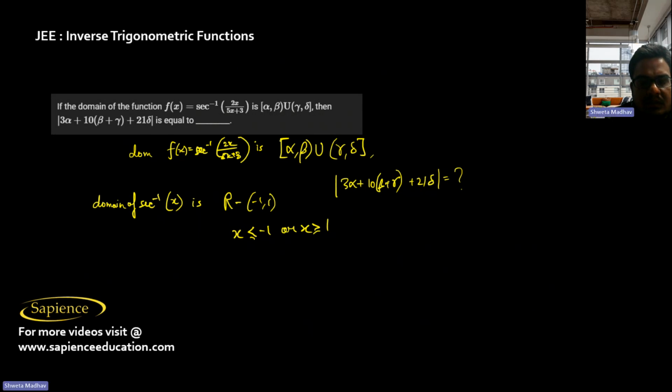Since y equals sec inverse x, I can say that it's the same as cos inverse of 1 by x. So here 1 by x should belong to -1 to 1, which means that x should not be in this range.